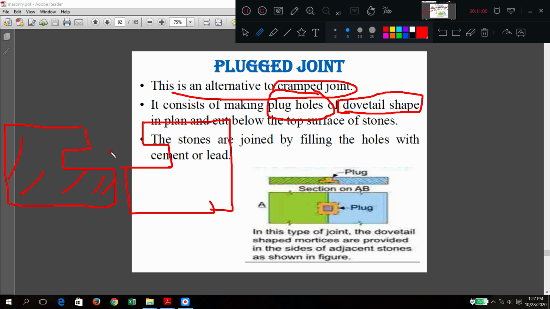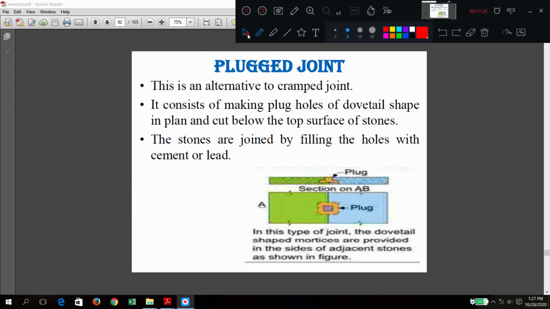This portion is filled with cement or lead. This type of groove is called a dovetail. The shape is called dovetail. This total is called dovetail. So we call it a plugged joint.